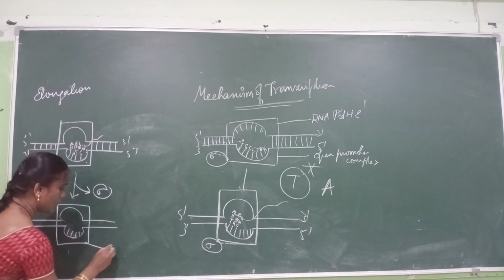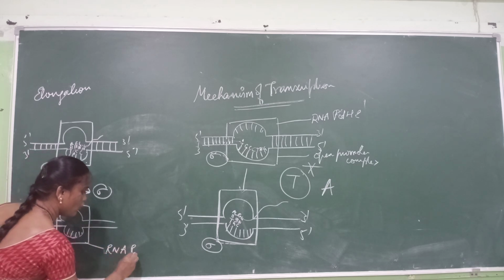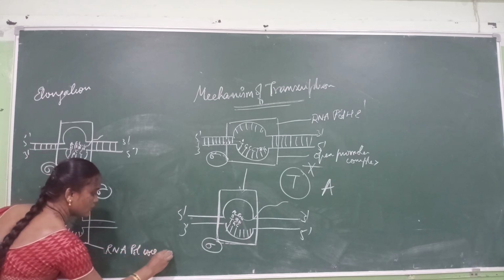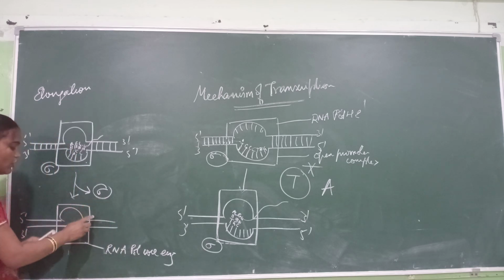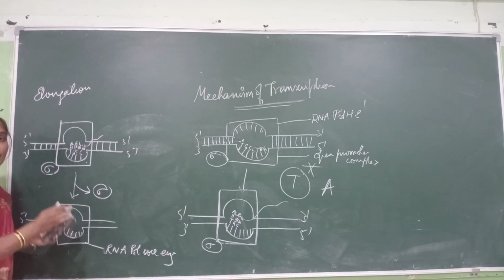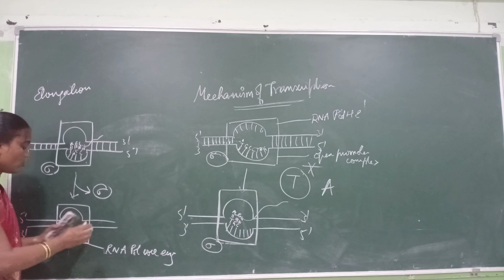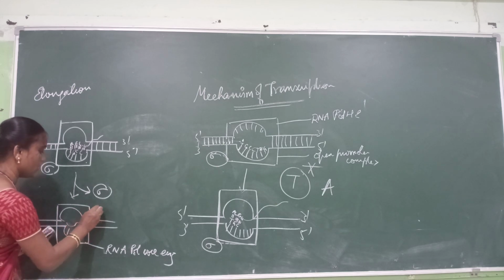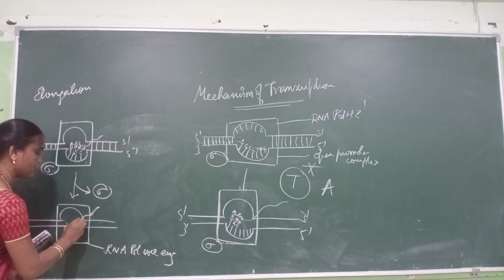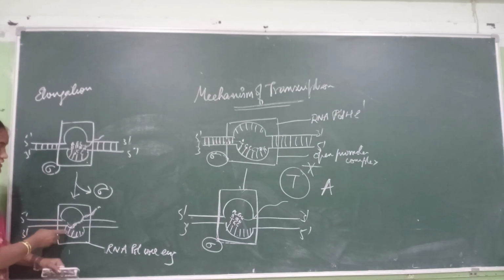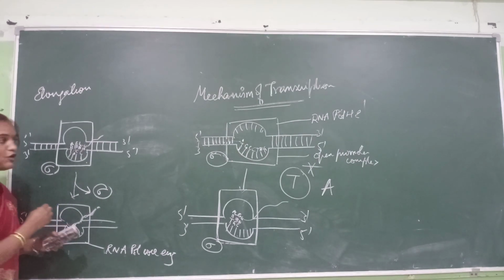So this is RNA polymerase coenzyme, isn't it? Due to the loss of your sigma factor, what happened? The elongated growing chain of your RNA molecule is getting ready to be terminated. So this is your next step of elongation.